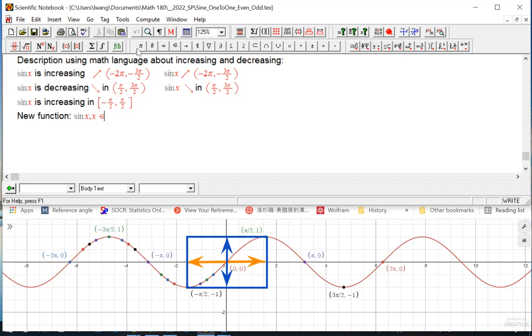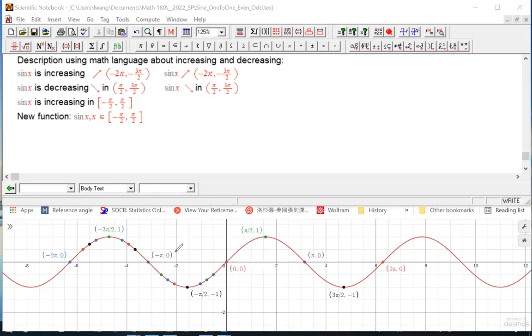Just remember that we said this before. In the future, when you look back, we talked about this piece with all the special points we have done there. Remember? There's a pi over 6, half, and pi over 4, and so on. Remember those?